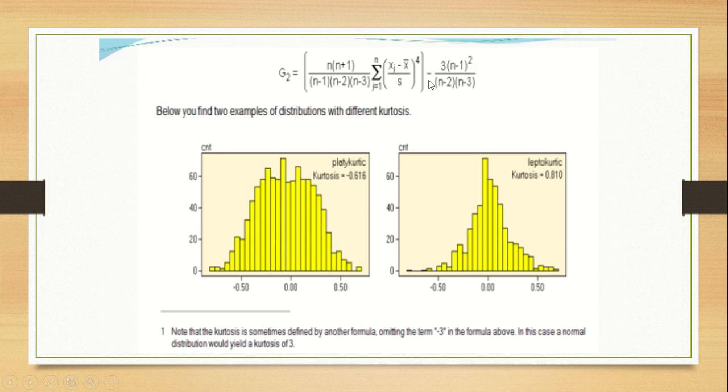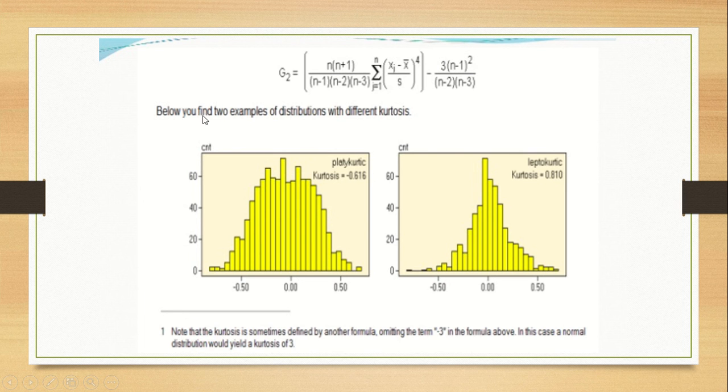The whole thing is subtracted with this quantity here, 3 times n minus 1 squared divided by n minus 2 times n minus 3.